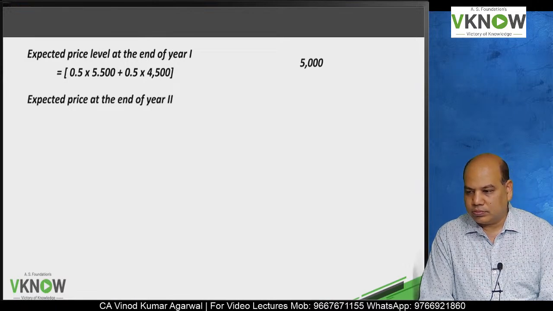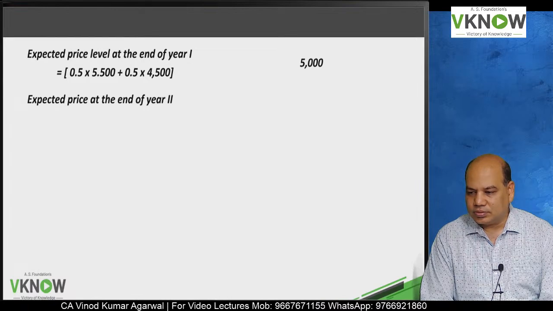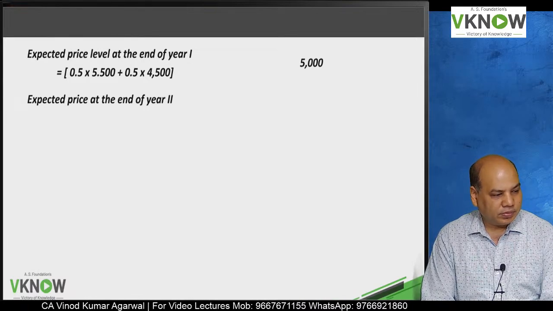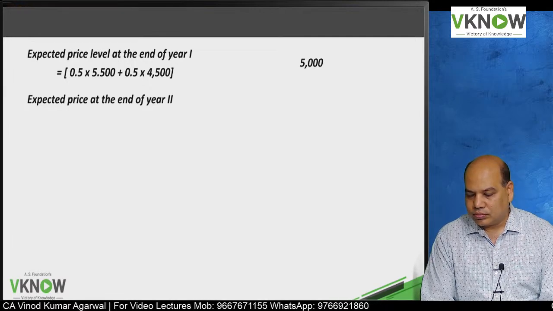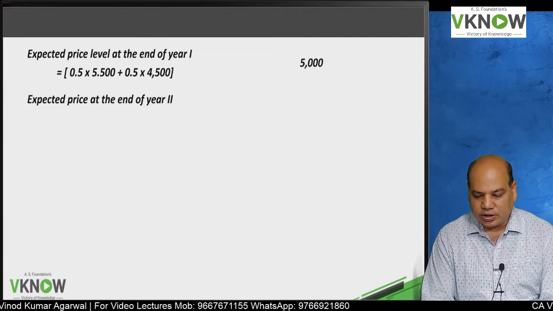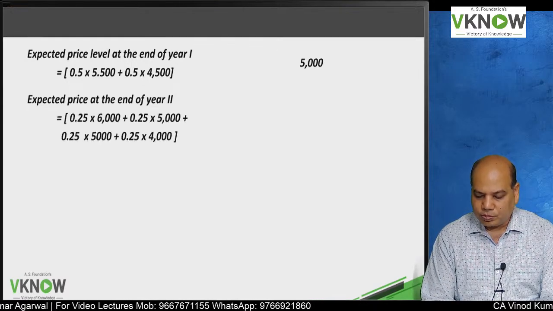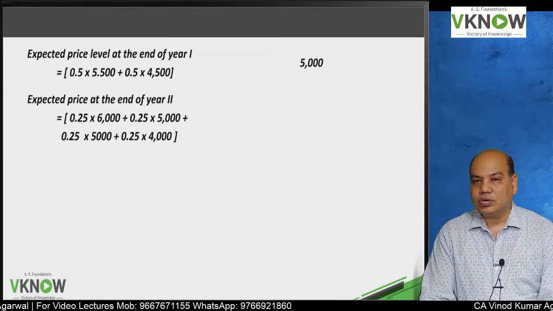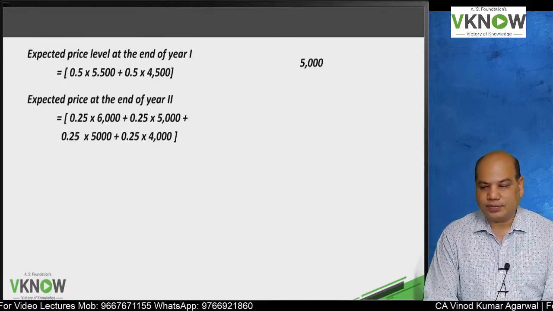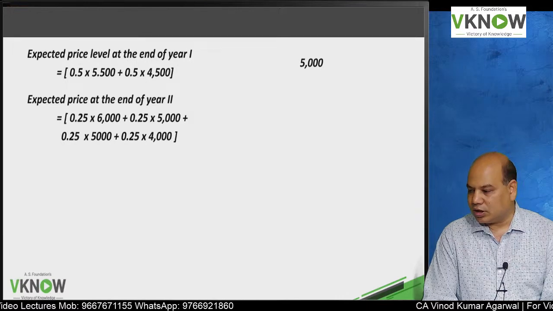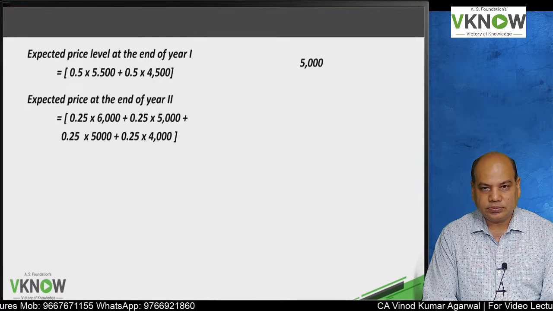Now write down expected price level at the end of year 2. There are total 4 possibilities. Each possibility will have a probability of 0.25. Please solve and give me the answer.